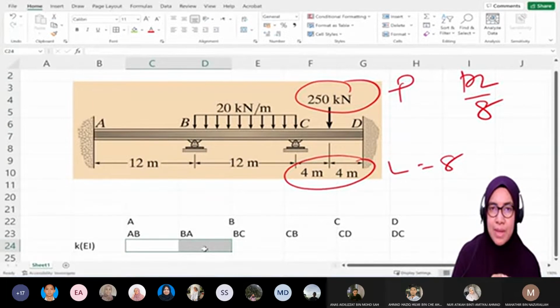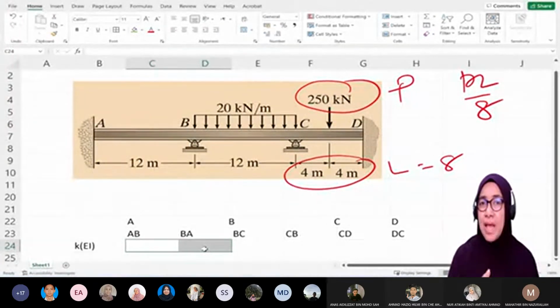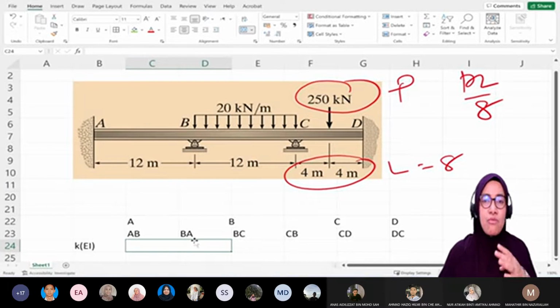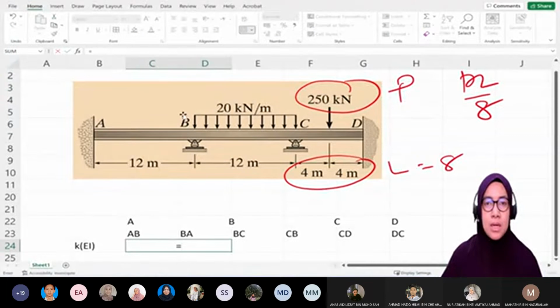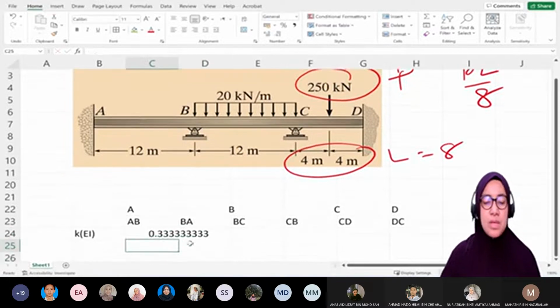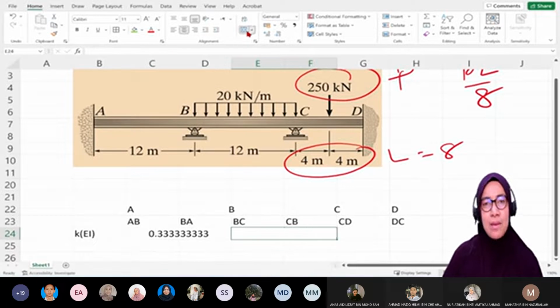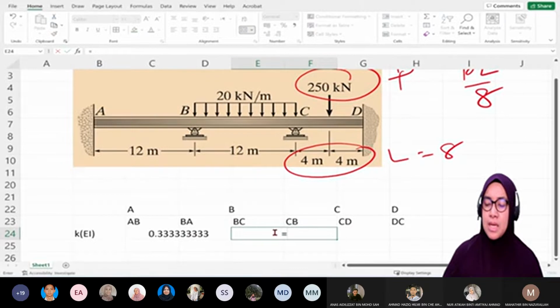We just arrange AB and BA here representing the end moments later. Don't say the AB formula is not the same as BA, it is the same. So for this we will use 4EI over L, with EI put beside K. In the program I just put the formula: 4 divided by 12, which gives 0.333. Then BC and CB are again the same member with the same length, so it is 4 divided by 12.